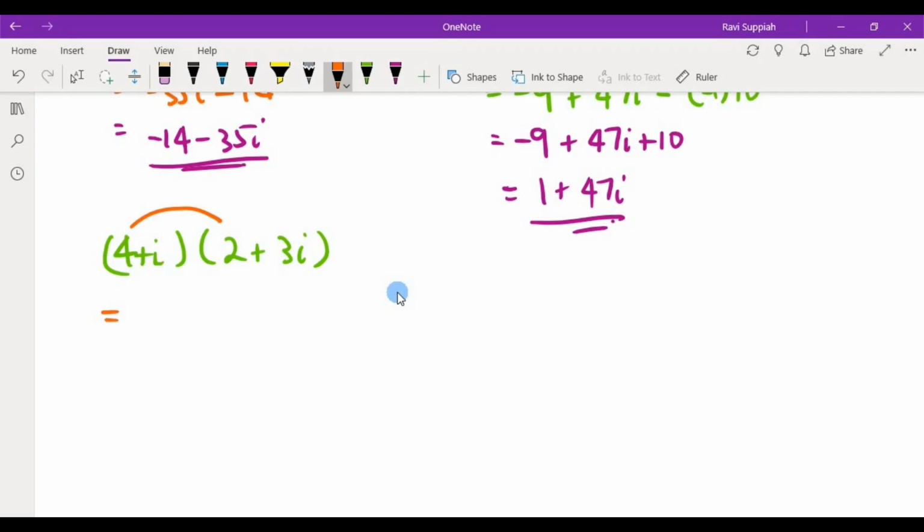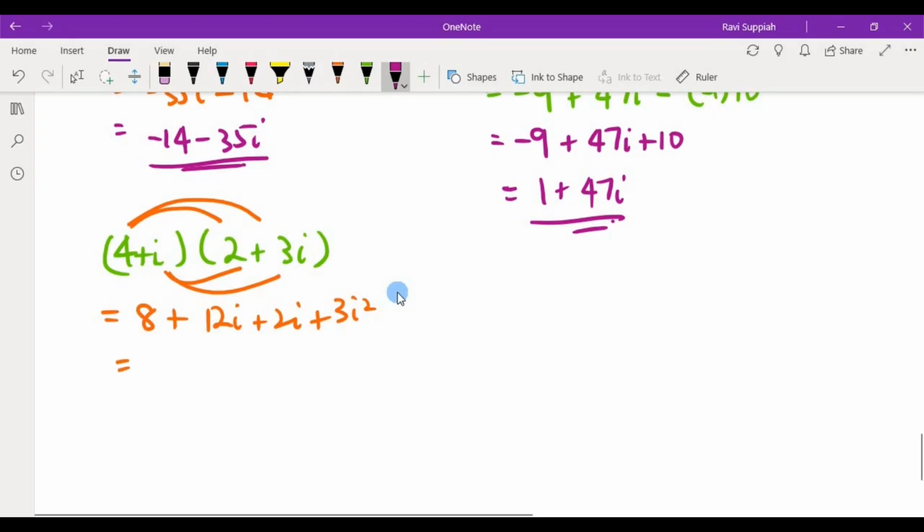I'm going to straight away do the multiplication. 4 times 2 will be 8 plus 12i plus 2i plus 3i squared. And by doing the grouping, I get 8 plus 14i. i squared is minus 1, so minus 3. And finally, I'll get 5 plus 14i.